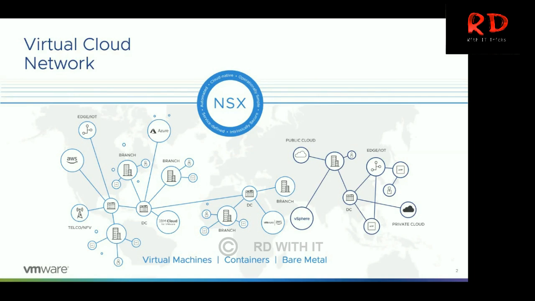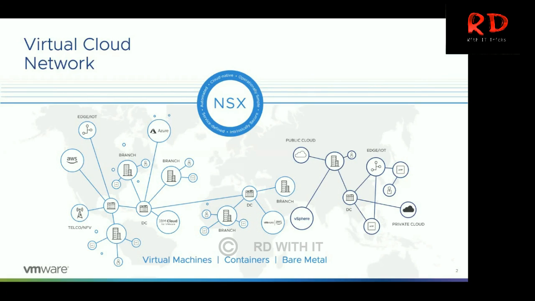They may be workloads in Amazon or Azure. They may be telco NFV use cases, or they could essentially be in any location and any type of endpoints. Meaning that if you've got some brand new containerized applications, you've even got bare metal machines.